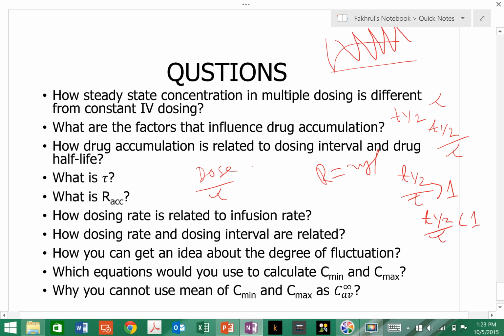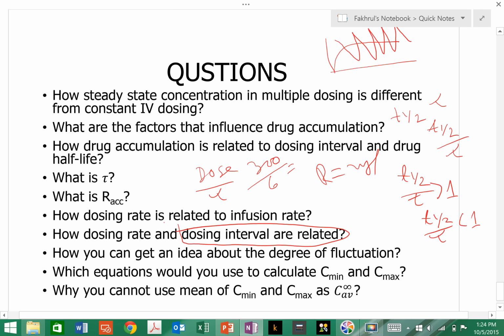For example, if you have a dose of 300 milligram and a dosing interval of 6, the dosing rate will be 50 milligram per hour. And how are dosing rate and dosing interval related? Dosing rate is milligram per hour. Dosing interval is 4 hours, 6 hour, 8 hour, 12 hour and 24 hour.